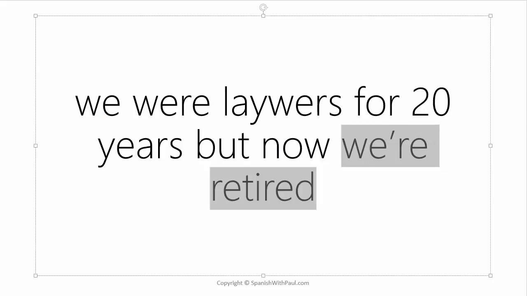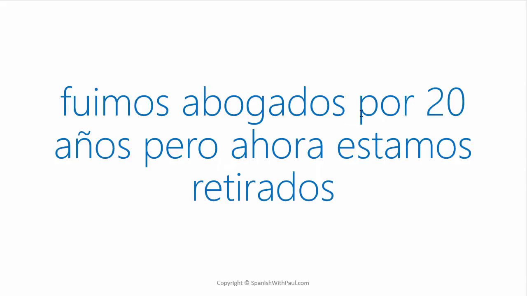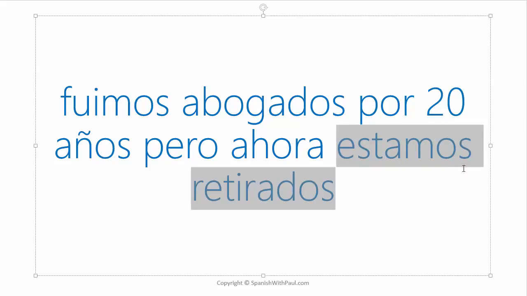So this is present tense. And would you choose ser or estar to express retired? We would use estar because it's status. Your status is that you're retired. So this would be estamos retirados. Let's have a look. Fuimos abogados por 20 años, pero ahora estamos retirados.